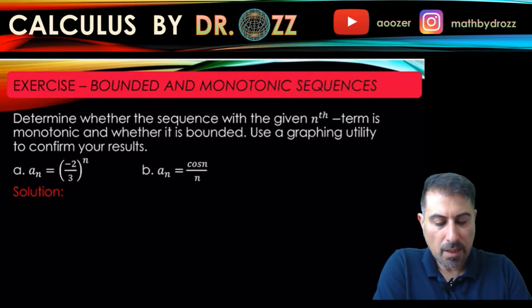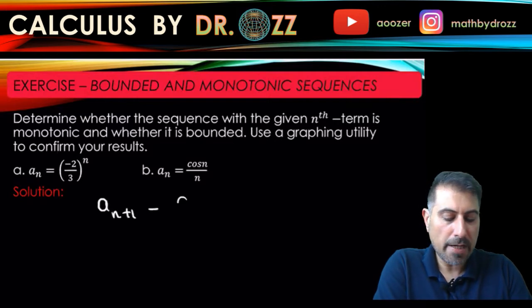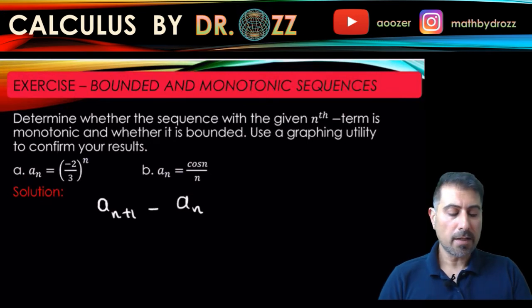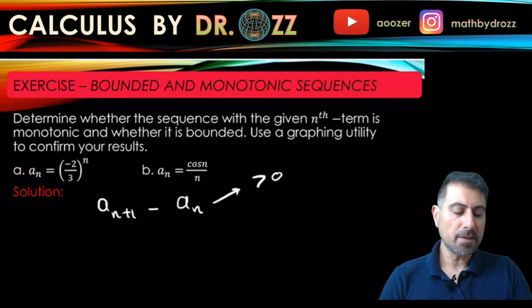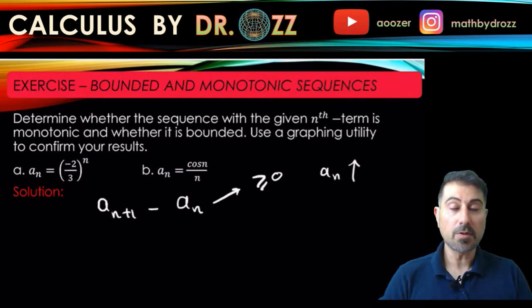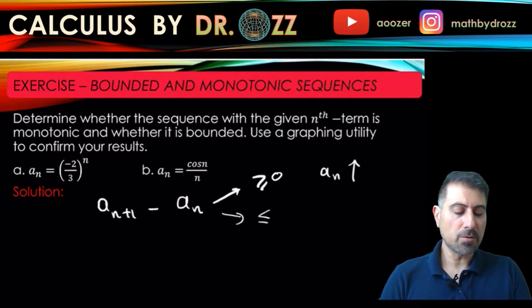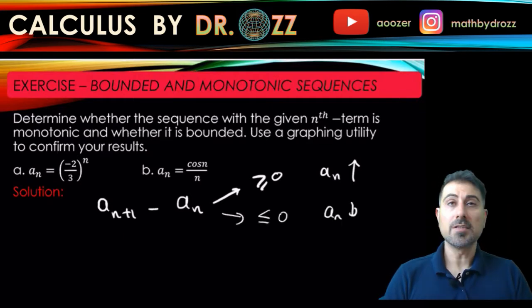One is looking at a_(n+1) minus a_n, so the difference between two consecutive terms. And if this is positive, then a_n is probably non-decreasing, or you can put an equality sign here as well. And if this is less than or equal to 0, it's a non-increasing sequence.